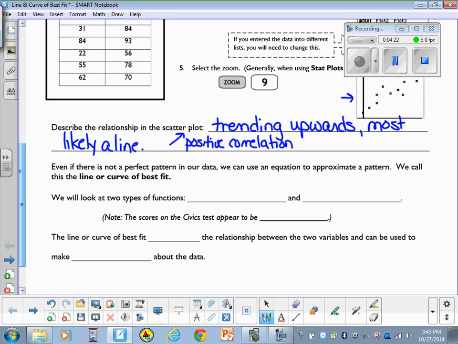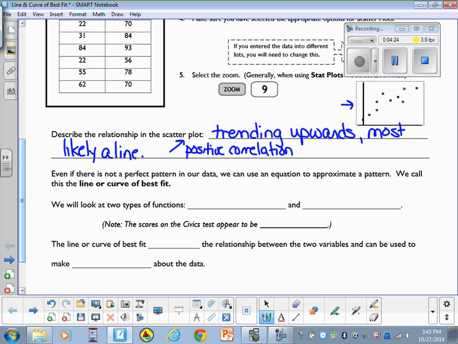So even without a perfect pattern, we can approximate the pattern using either a line or curve of best fit. The line of best fit and the curve of best fit. Now on your calculator, well, we'll see this in just a minute. The scores on this civics test appear to be a line.